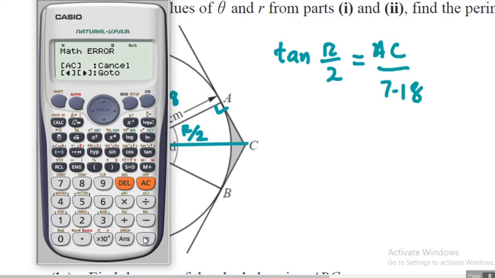So we will get what? Math error. Okay, sorry, what happened? Again, 7.18 times tangent pi over 2, right?